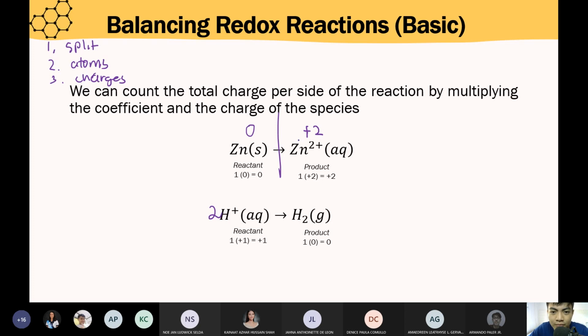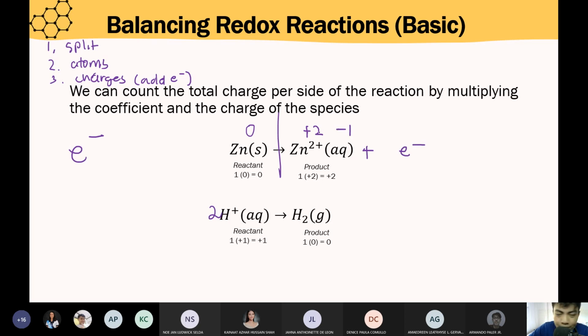Pagdating sa product side, positive 2. So, ano gagawin mo? Okay. In balancing charges, we add electron. Okay? Bakit electron? Electron is negatively charged. Okay? Negatively charged yan. So, ibig sabihin, if you want to make the charges equal, you need to add the electron to the side with the highest charge. Okay? Saan ba yung side na may highest charge? Itong right side. So, dito ako maglalagay ng electron.